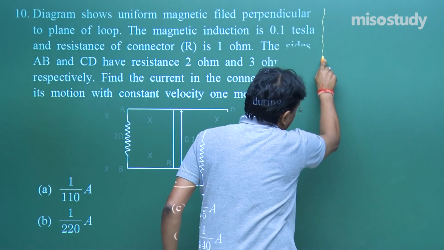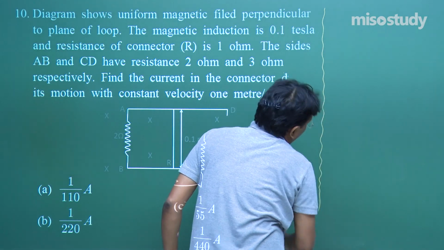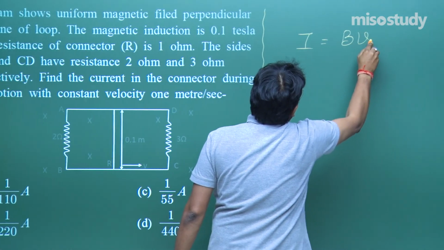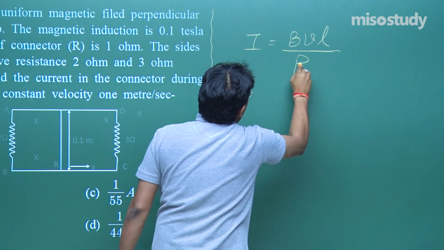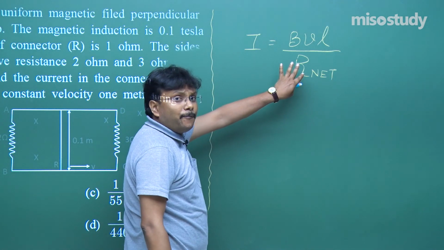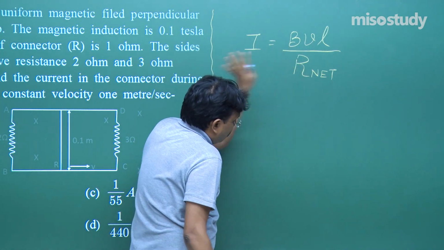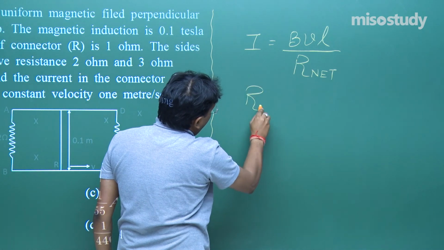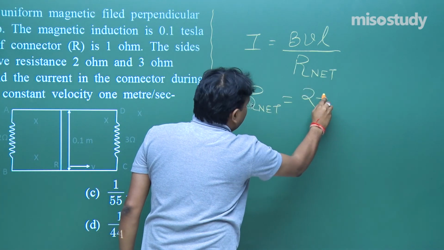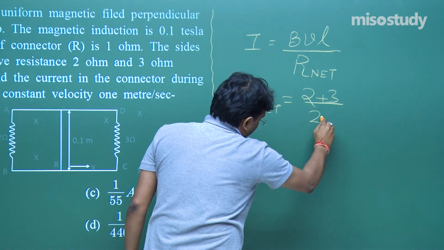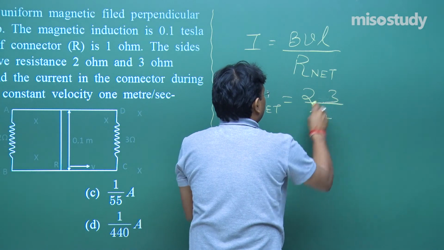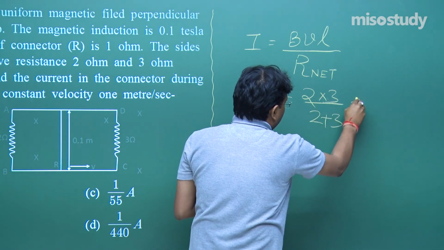So, allow me to solve this problem. I is equal to B V L upon R net. I hope everyone is comfortable with this formula. R net is nothing but 2 into 3 upon 2 plus 3, plus 1.